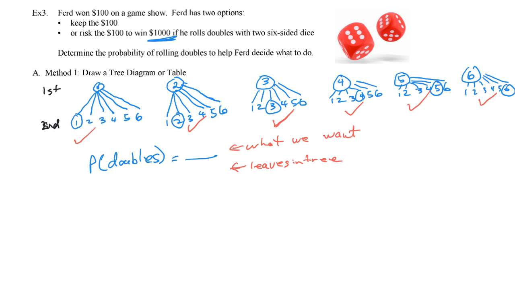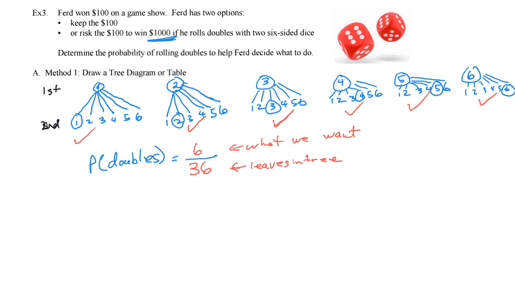And you'll notice there are 6 different blocks of 6, right? So for the total number of leaves, we have 36 leaves. Now what we want, how many times did that happen? That came up exactly once, twice, thrice, 4, 5, and 6 times.